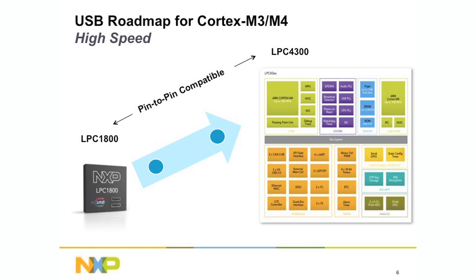Okay, so here is the roadmap or the positioning of our high-speed interface. We have the LPC1800 on the bottom here, which is our Cortex-M3, and then we have our Cortex-M4 LPC4300. It's not very clear, but if you can see the block diagram a bit more closely, we have the Cortex-M4 and the M0 coexisting on the same chip.